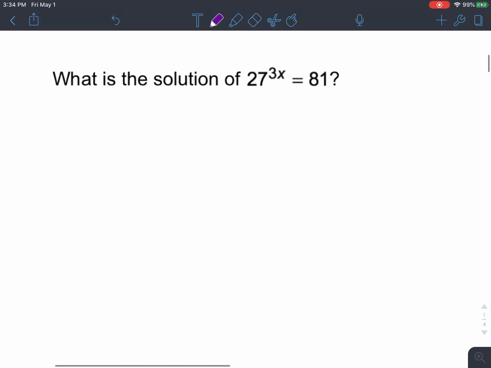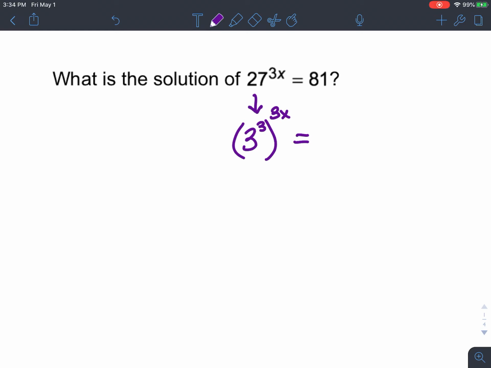Okay, I want you to come down to this next one and I want you to try it. I'll wait. So we can change 27 into 3 to the third, and that's still to the 3x power.